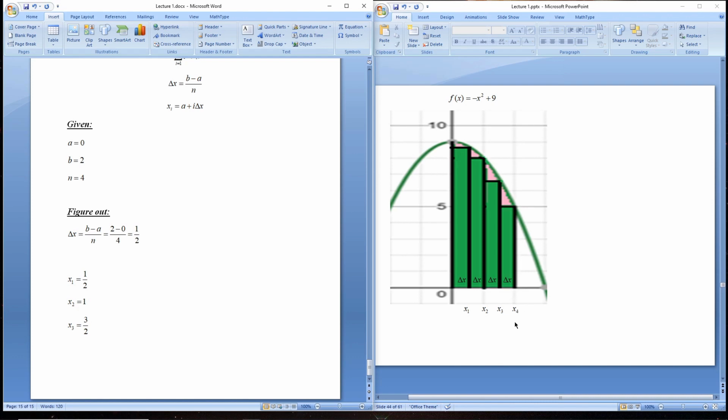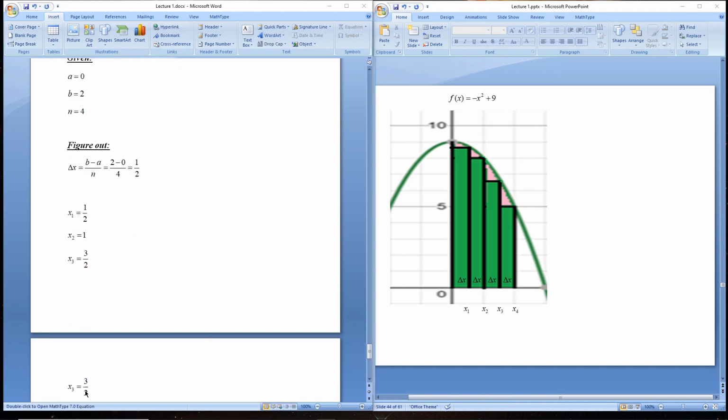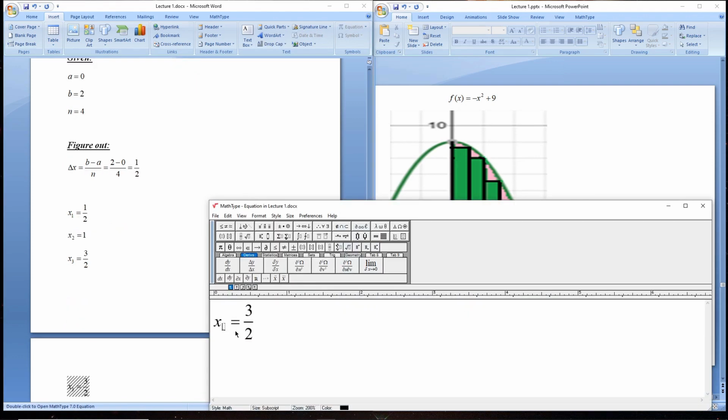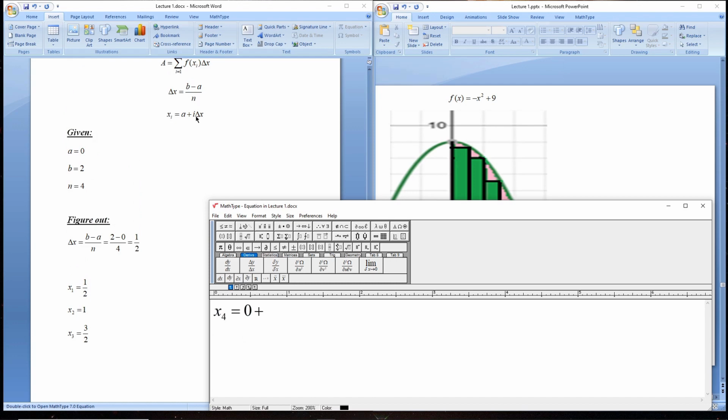So the last thing we need is x sub 4. Again, we'll use our expression for the x positions. And so, x sub 4 would have to be a plus i delta x. Now, in this case, i is 4 times delta x, which we know is a half.